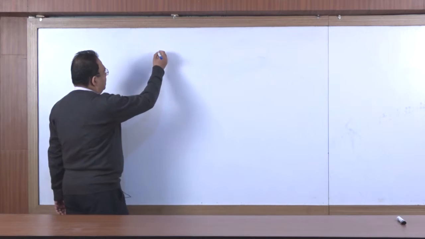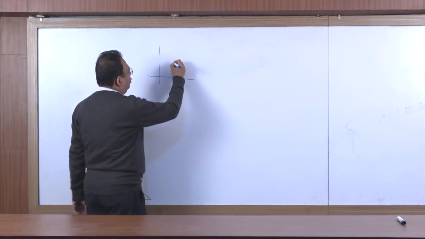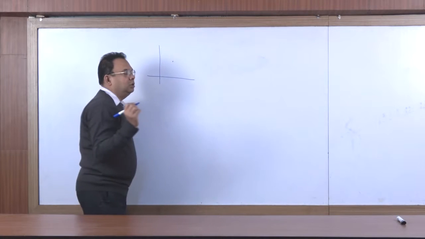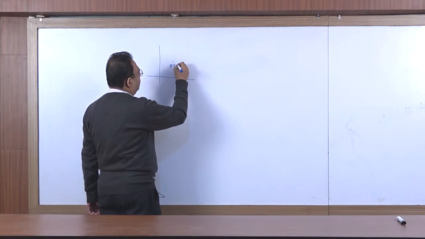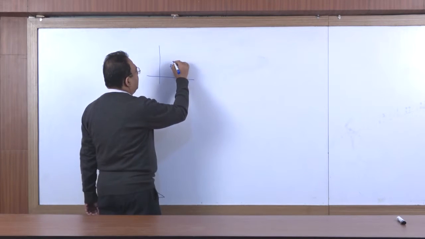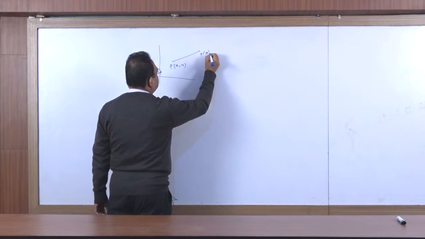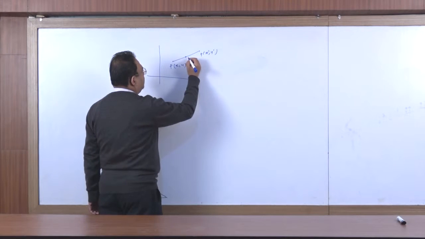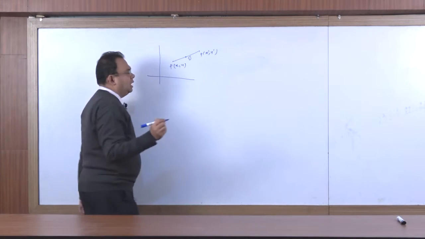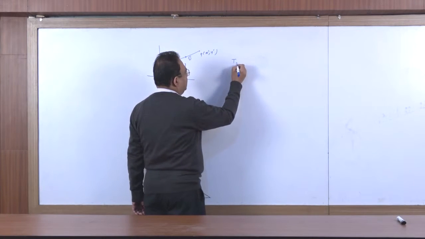In case of translation, we have already discussed that if the initial position of the object is at P(x, y), then after translation the corresponding point on the object is at P dashed, which is at (x dashed, y dashed), and the translation was taking place along the vector v, and we have represented this translation operation as T v.